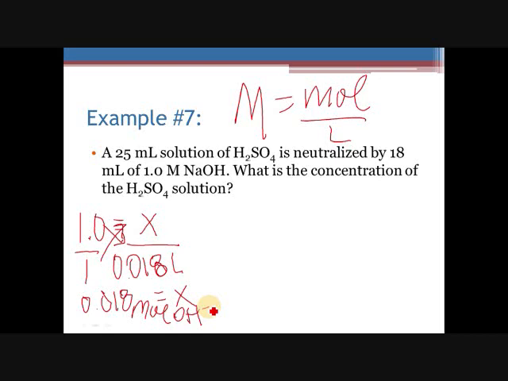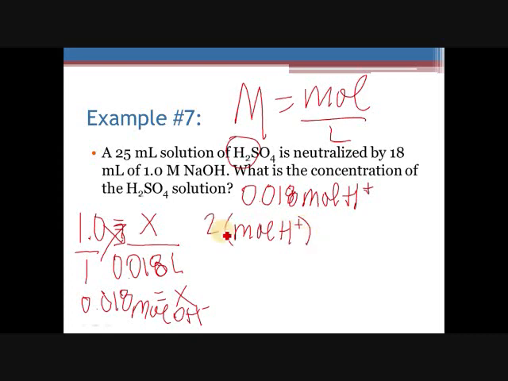Now that we know the moles of the OH, and the moles of OH equal the moles of H+, that means we also have 0.018 moles of the H+. The only thing that's tricky here is this 2 on the H2SO4. Because it has a 2, the moles of the H+ are times 2 versus the moles of the H2SO4.